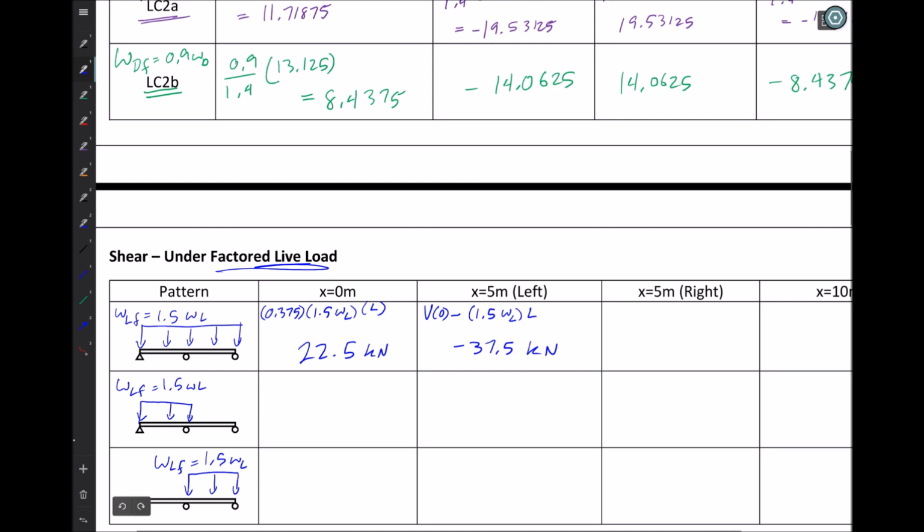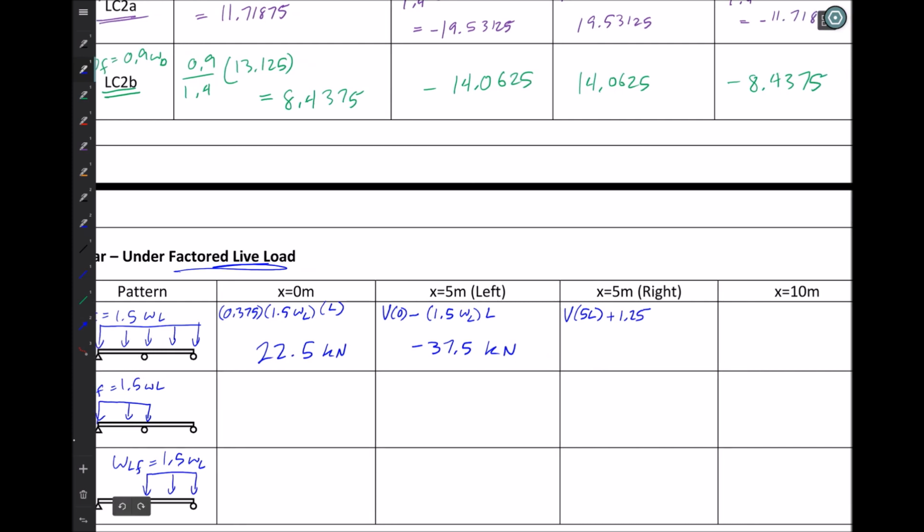And then on the right-hand side of the roller, we have the reaction already contributing. So we're going to take the shear at the left, and to that add 1.25, which is our coefficient from that table above, multiplied onto 1.5 live load times L. And this calculation will leave us with plus 37.5 kilonewtons.